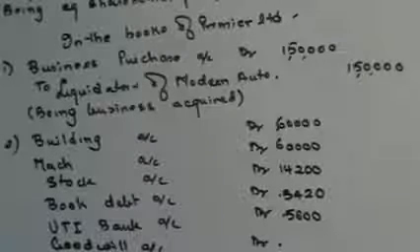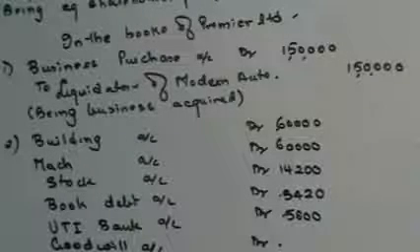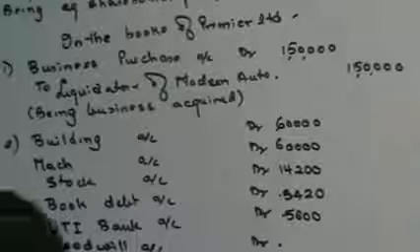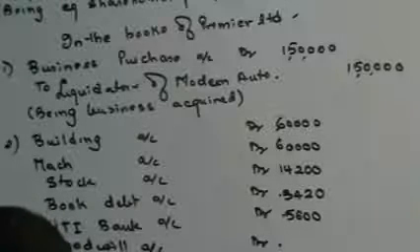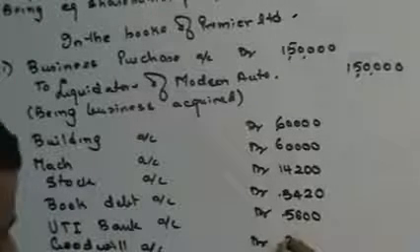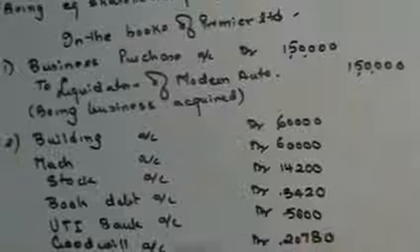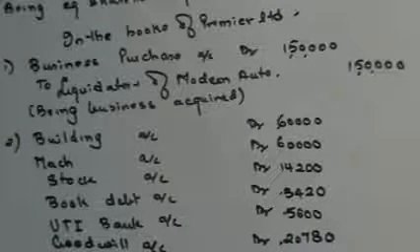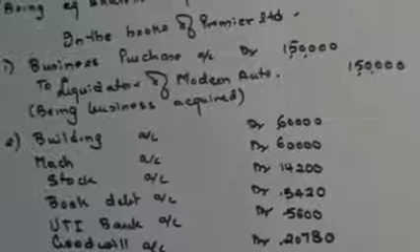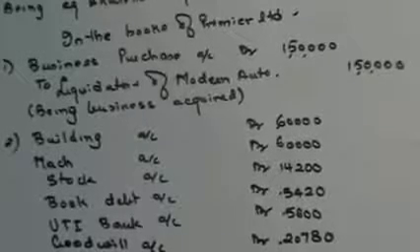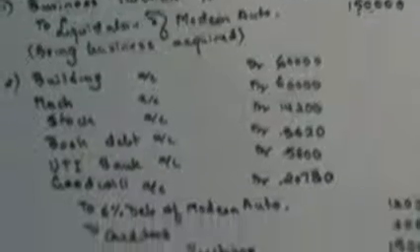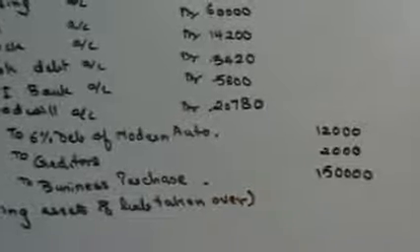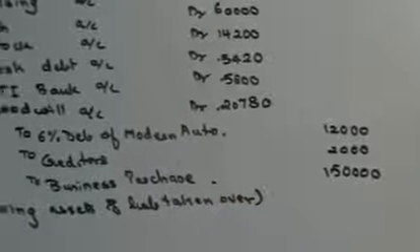That's 120, 134, and then another 8,000. So the difference is 20,780. Right? These are the assets and liabilities taken over.